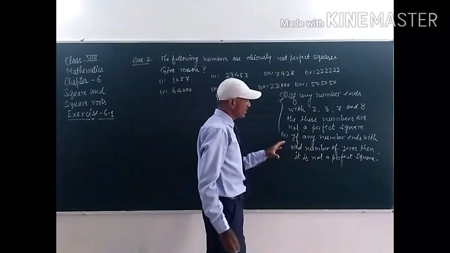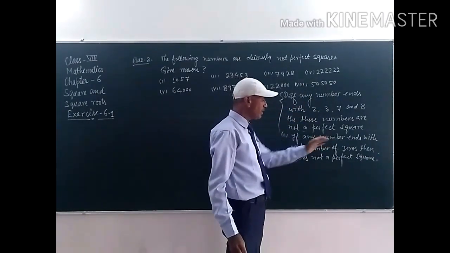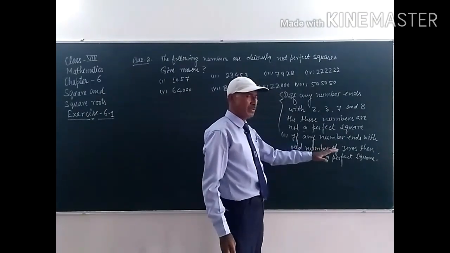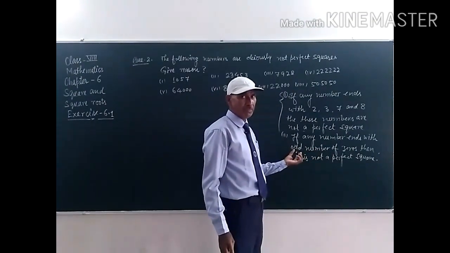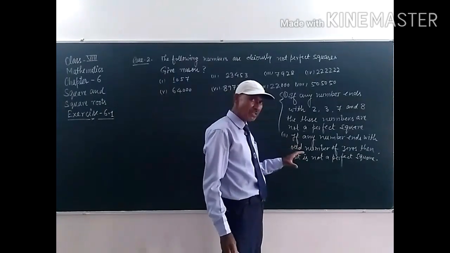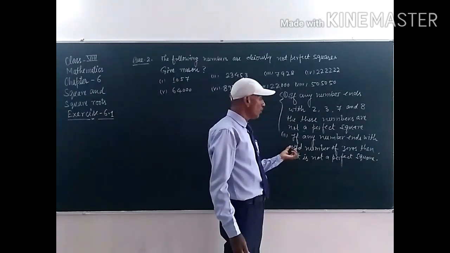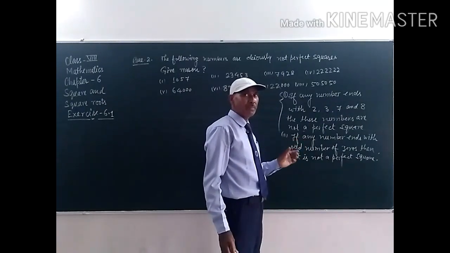Clear, student? Second rule, if any number ends with odd number of zeros, 0 should be in pair for a perfect square number, student. If the number is a perfect square, then 0 should be in even numbers.